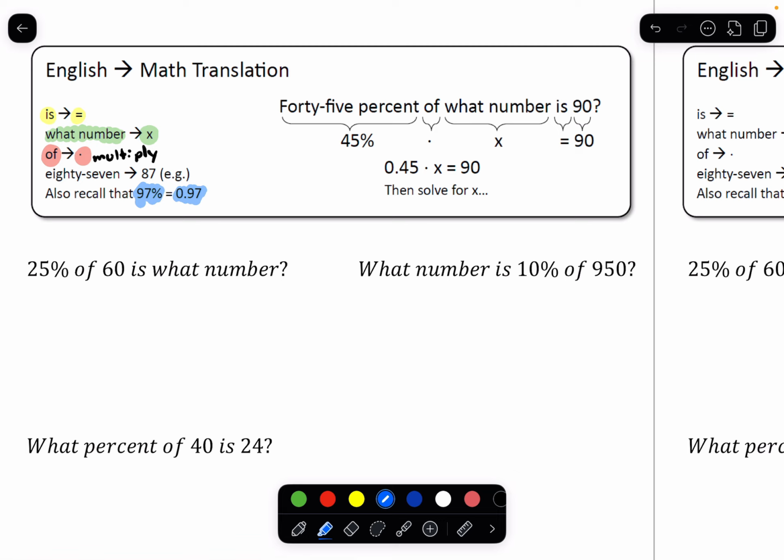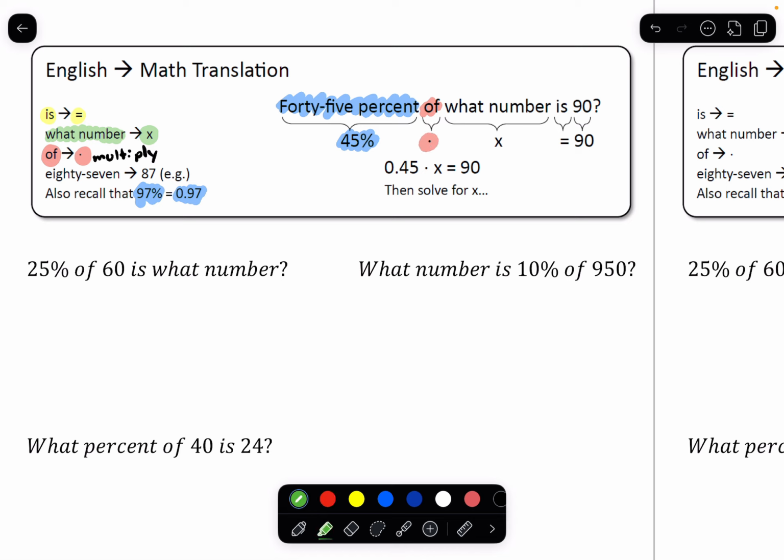So the way this works, we use that translation to take a sentence and turn it into a numerical sentence, to turn it into a math sentence or an equation. So if I look at the sentence, this first example that's already done, it starts with 45%. Well, 45 just means 45, and percent just means percent. So you write 45%. Of, we talked about that earlier. If you see the word of, that means multiply. So after the 45%, you should put a multiply sign.